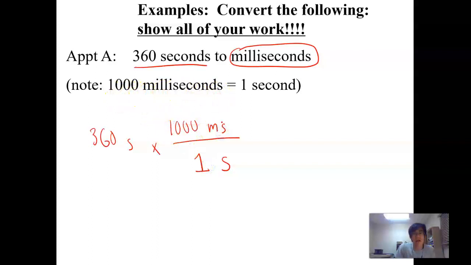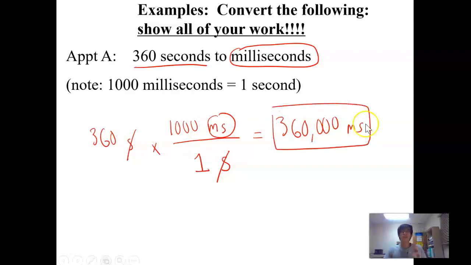And that is the unit I want to convert to, right? So I'm going to cancel out the units diagonally, and I'm left with milliseconds. Therefore, that is 360 times 1,000, which gives me 360,000 milliseconds.